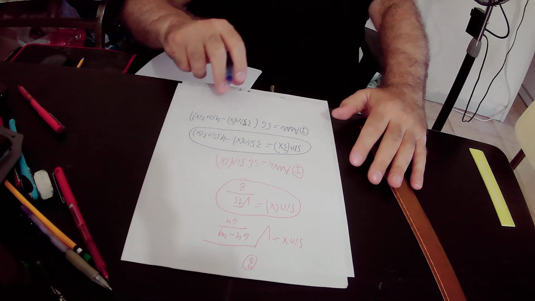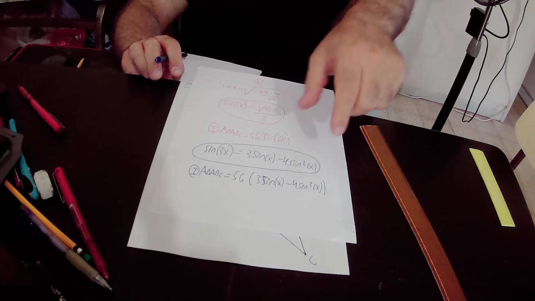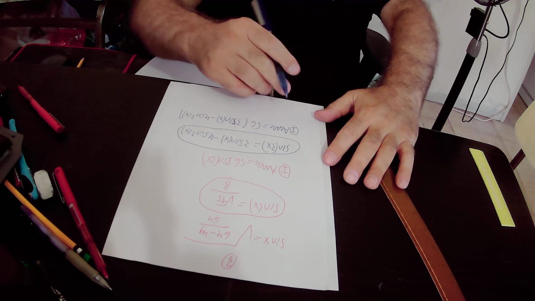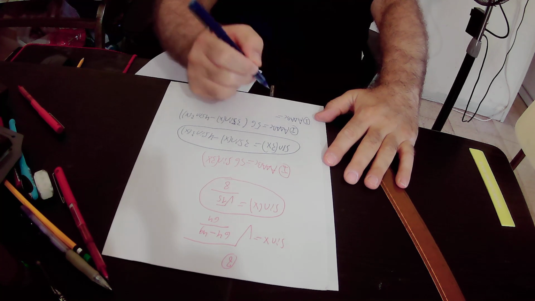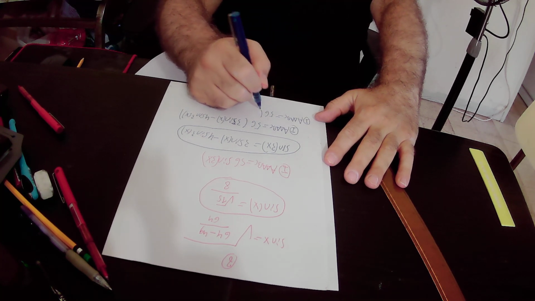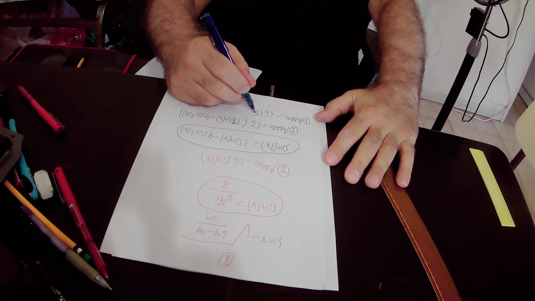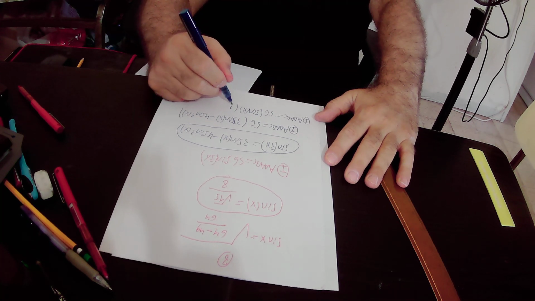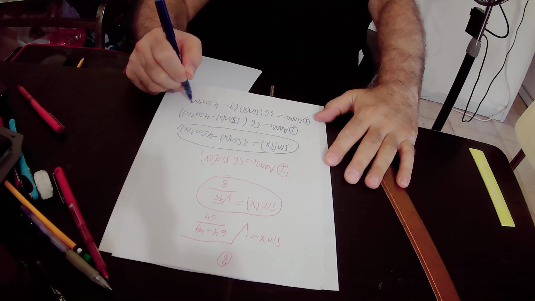So here we will take out sine x as a common factor of this expression, and we will get that the area of triangle ABC equals 56 sine x, and in the brackets, what is left is 3 minus 4 sine squared x.